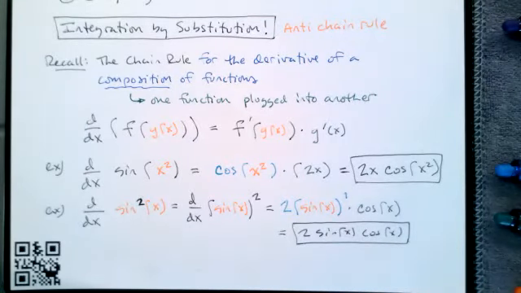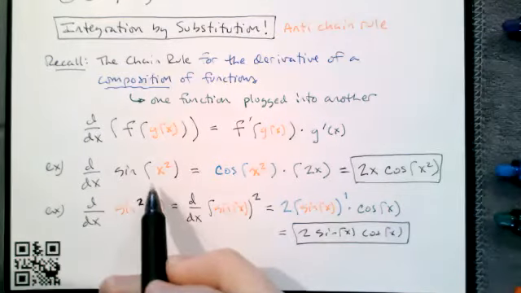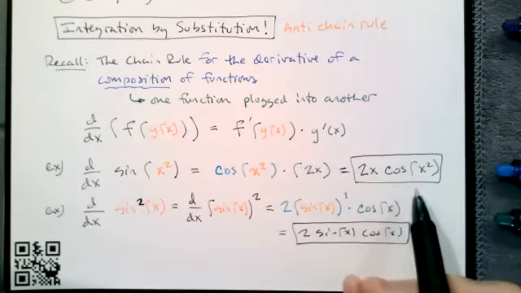So what we want to do is take our chain rule, since it's a rule for derivatives, and invert it into an integration rule. We're going to call that integration by substitution. So we took the derivative of sine of x squared, and we got 2x cosine x squared.